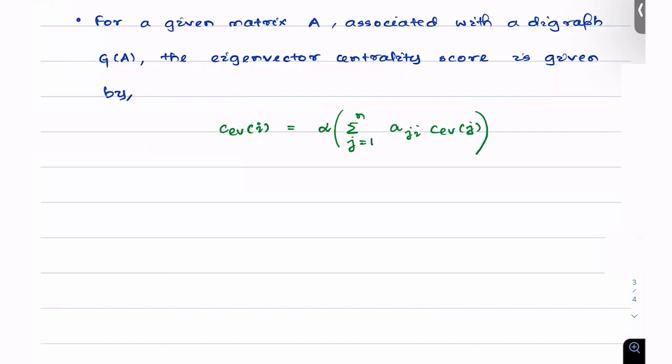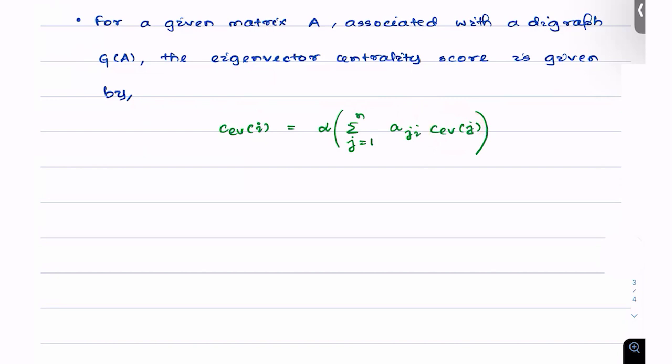So what exactly is different here as compared to degree centrality? In degree centrality, we did not have the term C_EV(j) getting multiplied by the entry of the adjacency matrix.